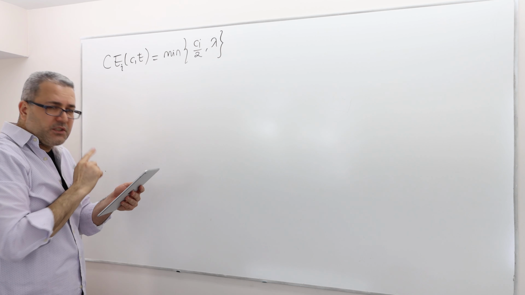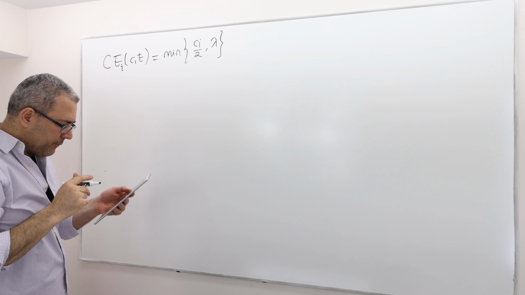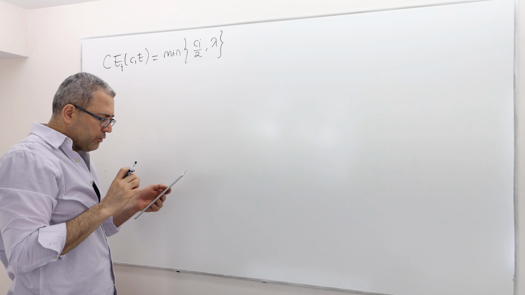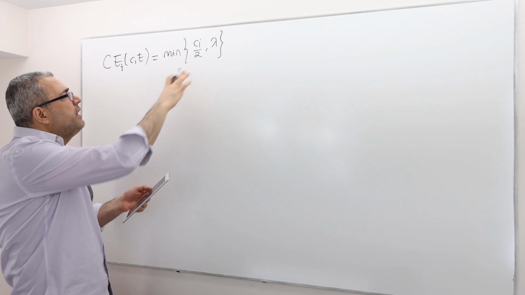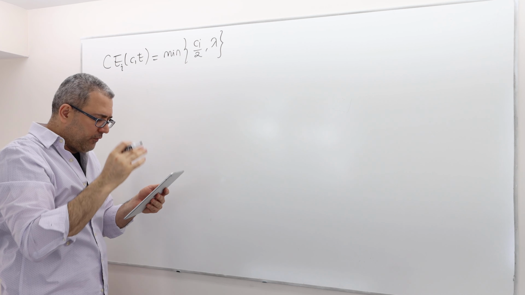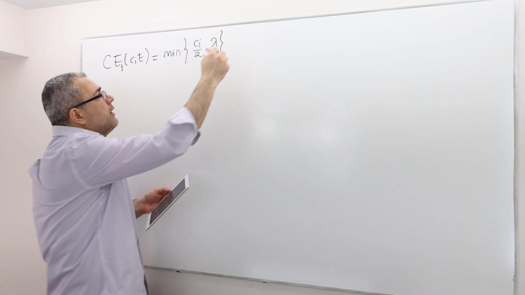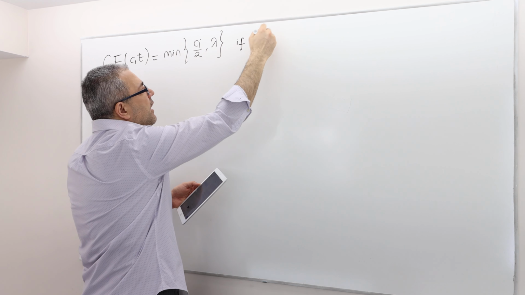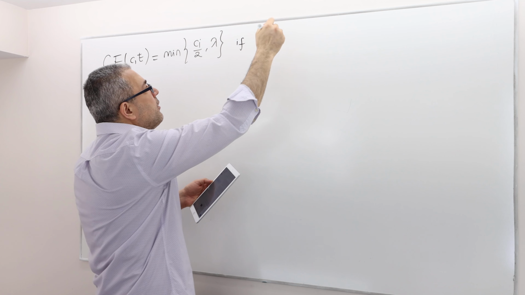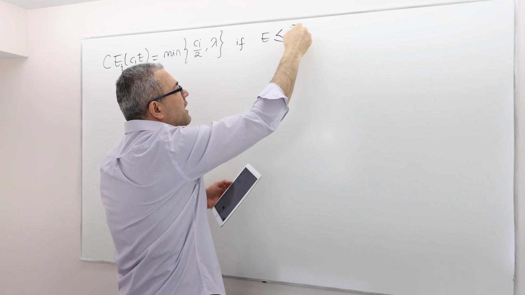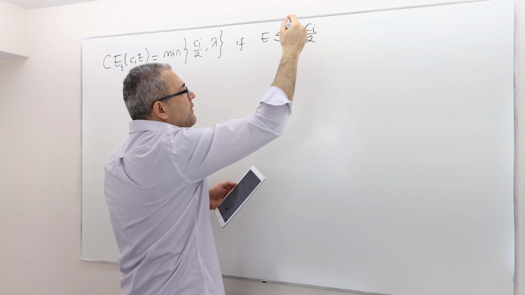All right, so very much like the constrained equal awards rule, but this time we actually care about the half of the claim, and this is true if, however, the surplus E is less than or equal to the half of the claim sum.